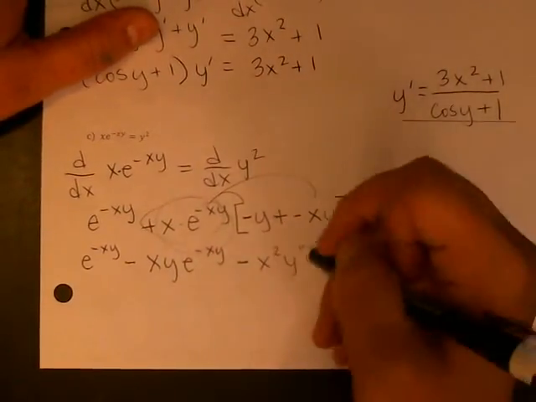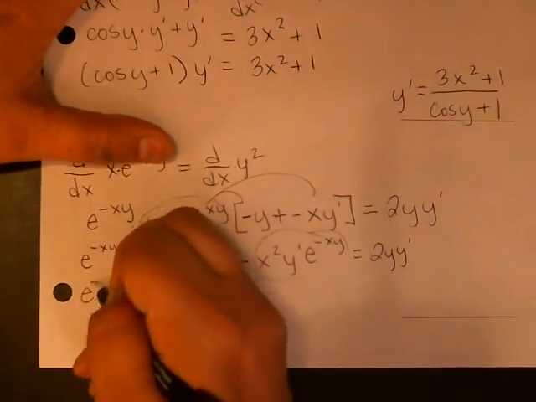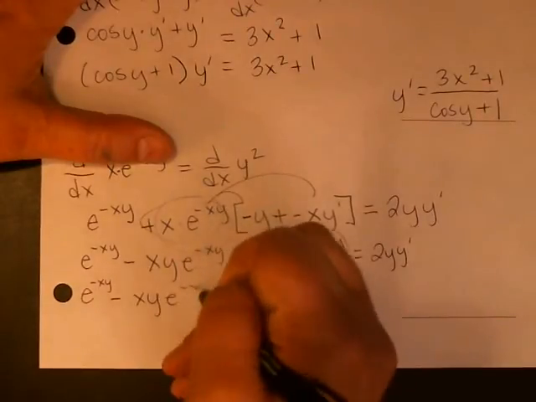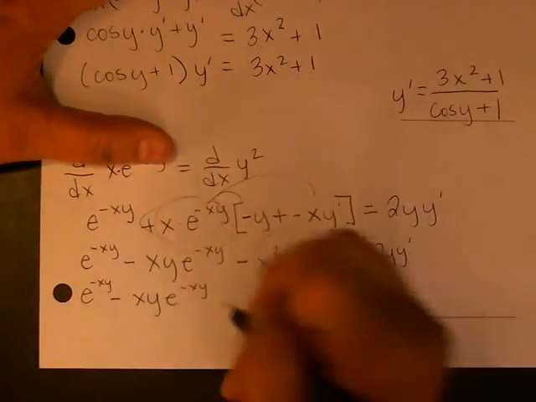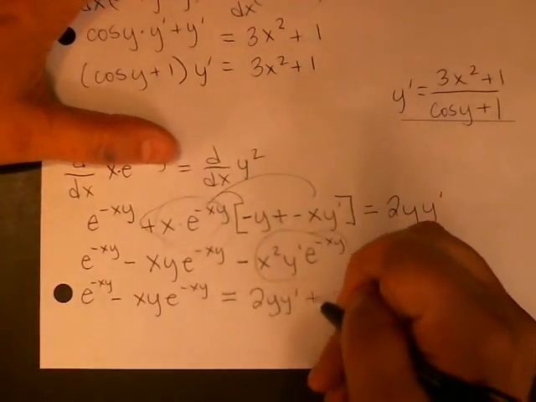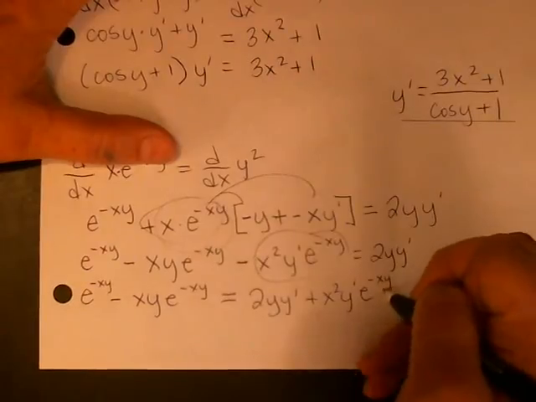Alright, so now that it's not stuck in parentheses, I'm going to go ahead and move that one over. So I have an e to the negative xy minus xy e to the negative xy, and then I have a 2yy prime plus x squared y prime e to the negative xy.